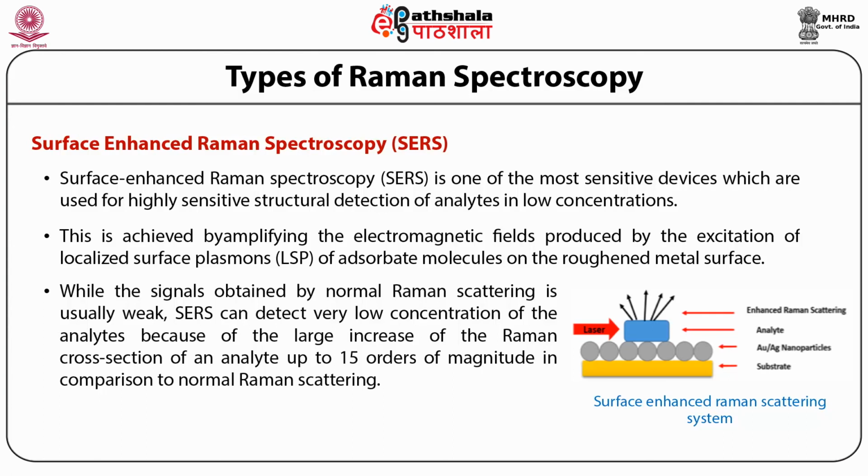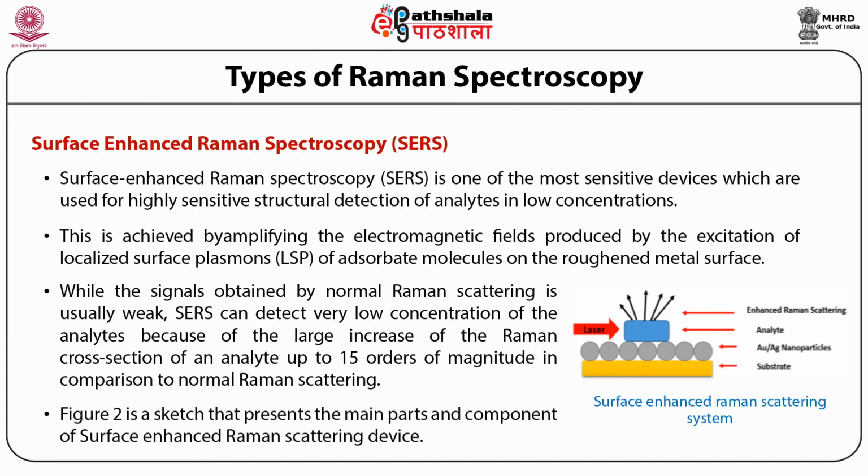While the signals obtained by normal Raman scattering are usually weak, SERS can detect very low concentrations of the analytes because of the large increase of the Raman cross-section of an analyte, up to 15 orders of magnitude in comparison to normal Raman scattering.